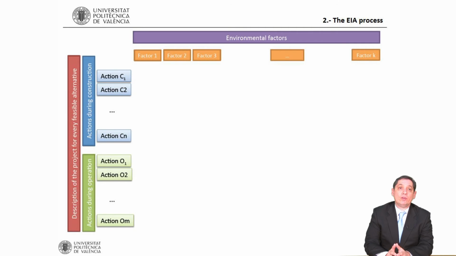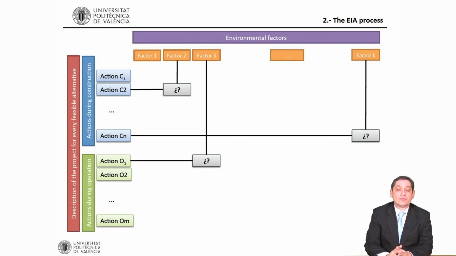But sometimes we will find that there is a very close relation between some actions and some factors. For example, building a dam will dramatically change the hydraulic behavior of a certain area. Then we will have to identify what we call an environmental impact.